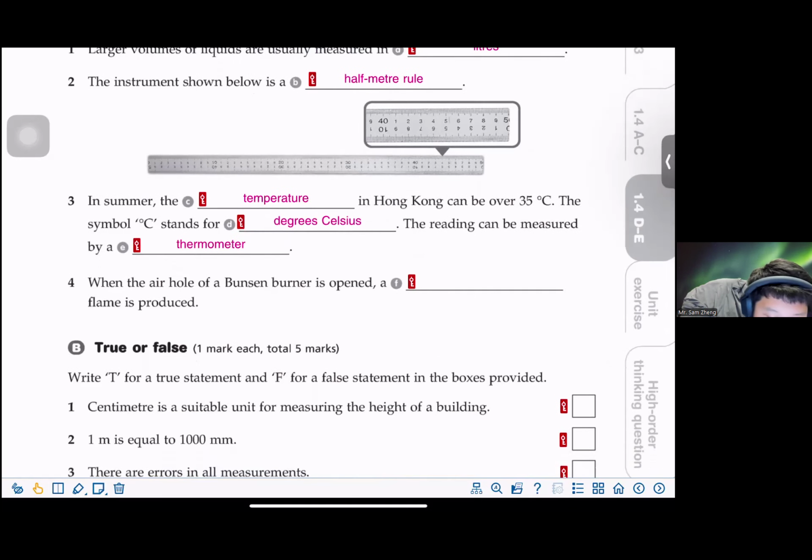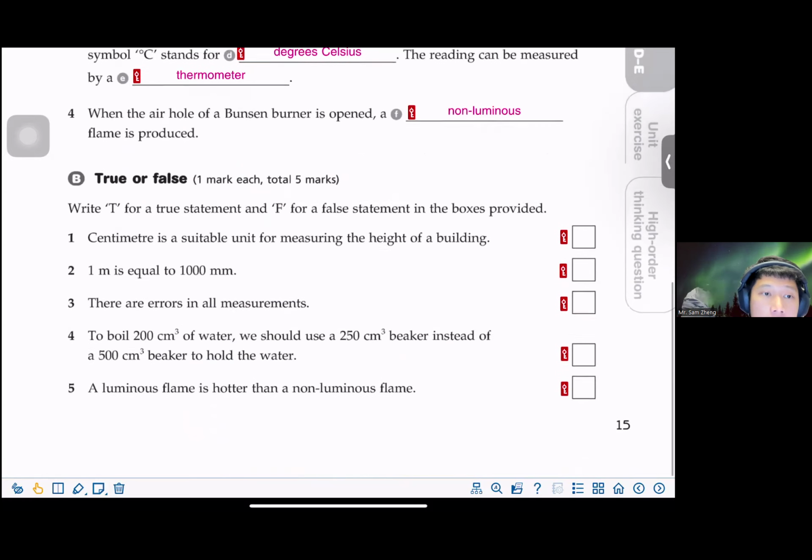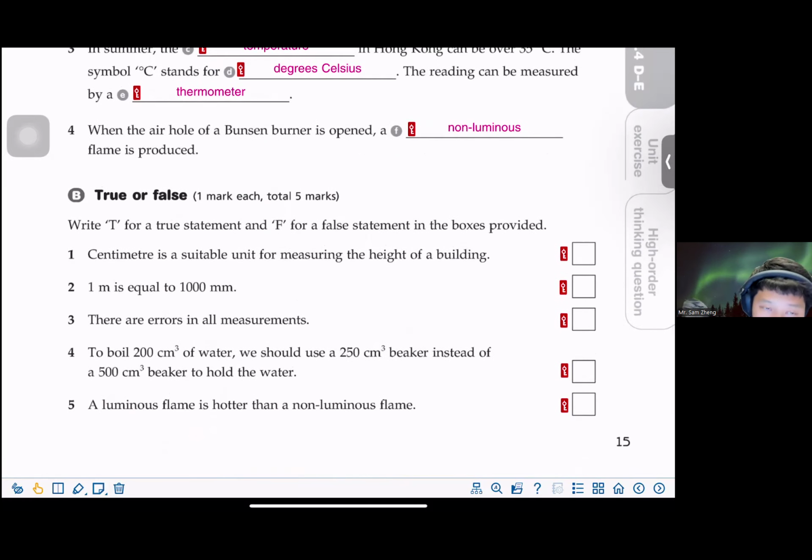Next, when the air hole of a Bunsen burner is open, a non-luminous flame is produced. Next, centimeter is a suitable unit for measuring the height of a building. Definitely this is wrong, because for buildings we normally use meter rather than centimeter.